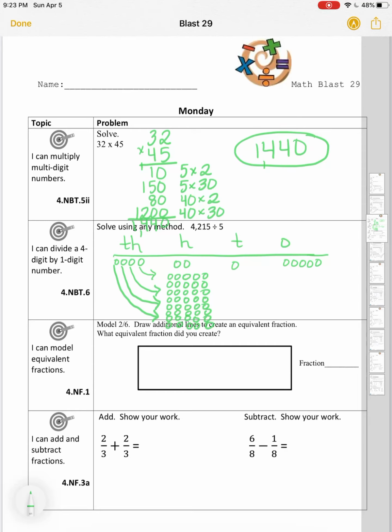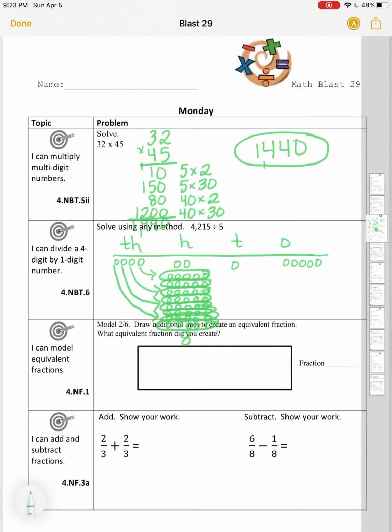All right, now I want to bundle those into groups of 5 because I'm dividing by 5. And I see I got 8 groups of 5 there.